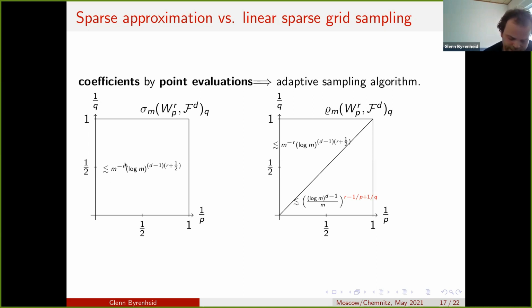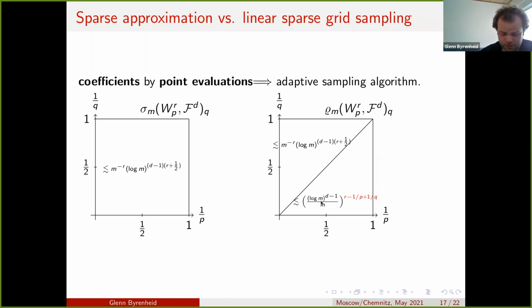We always have the main rate r, whereas in the case of linear sampling recovery, the best we can achieve is always dependent on the integrability. And if you forget a log, at least in the main rate, this is sharp.